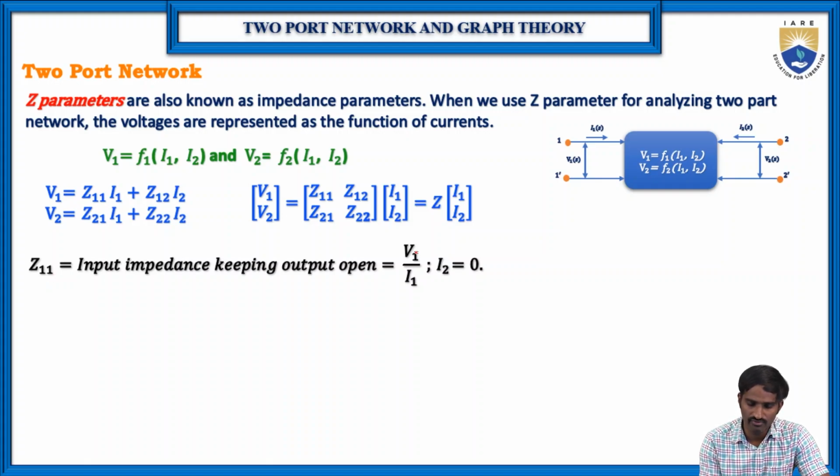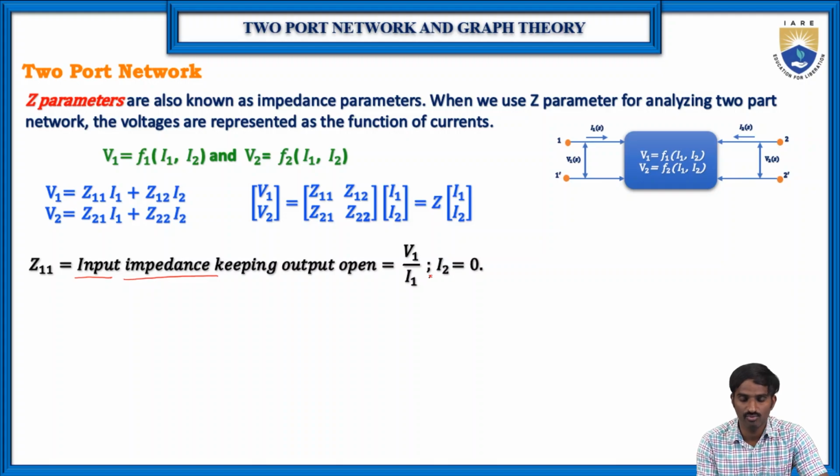Z11 is equal to V1 by I1. V1 and I1 are both input side parameters for this two-port network, and V by I is an impedance, so this is the input impedance.